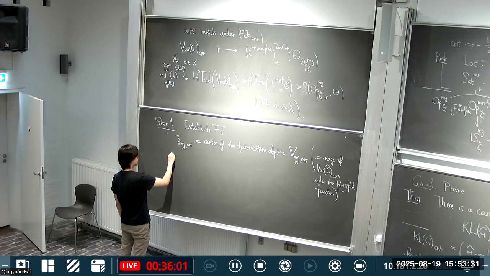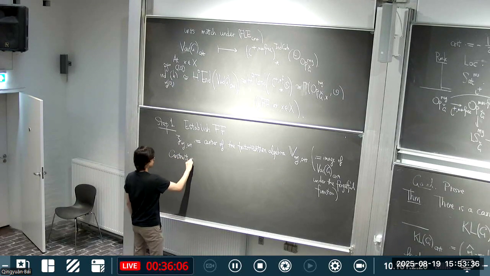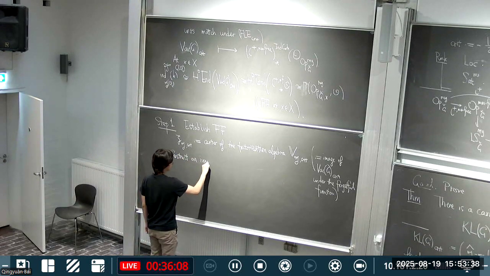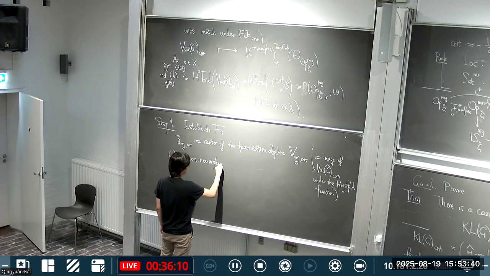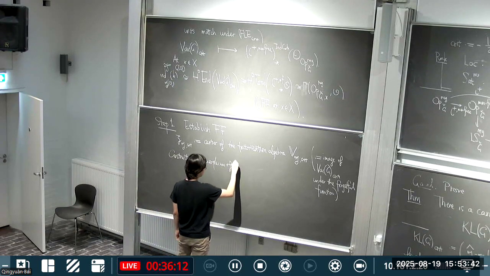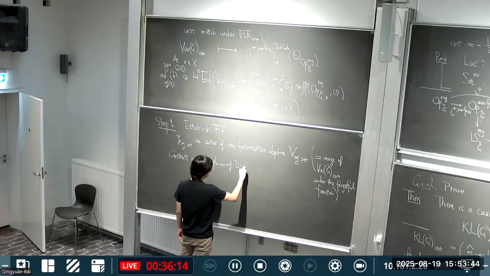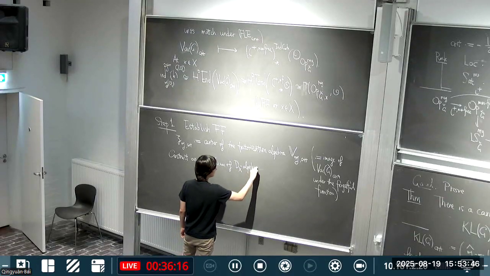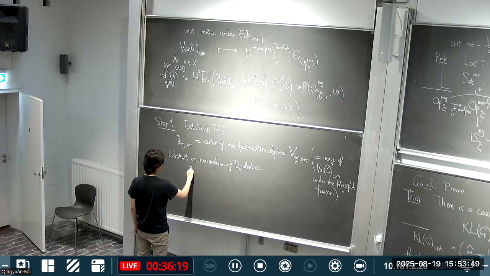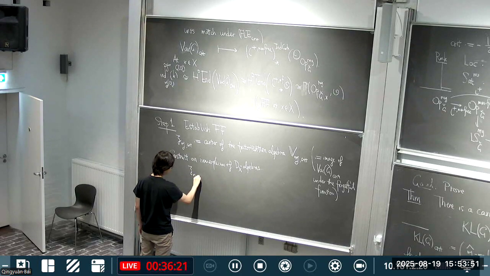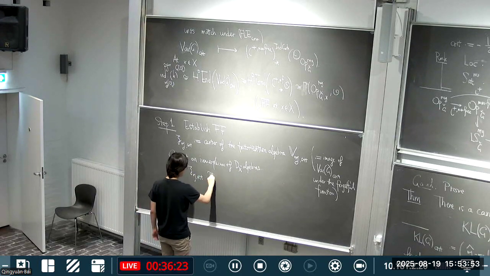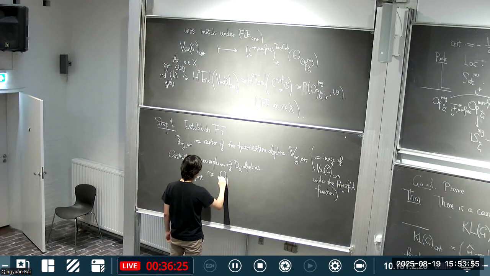So we'll construct an isomorphism of commutative D_X-algebras between Z_G and functions on opers.